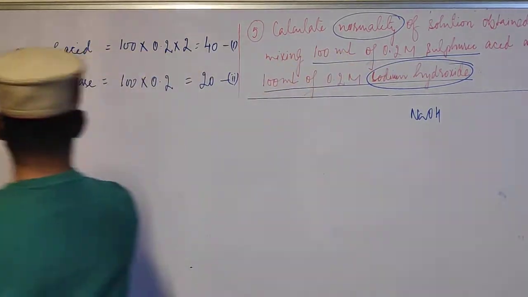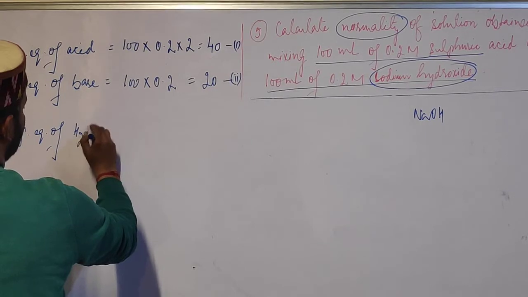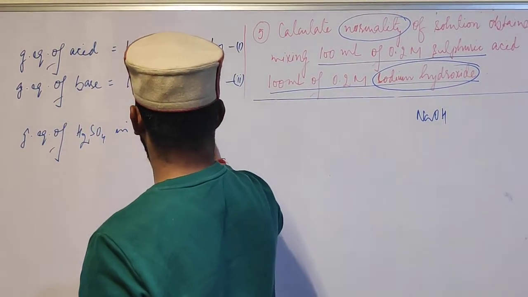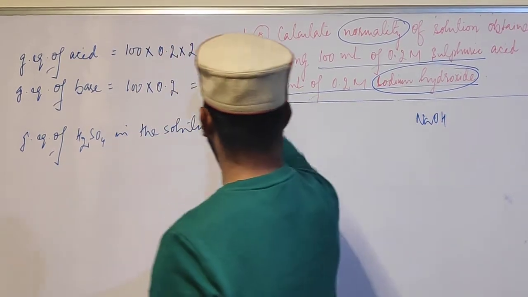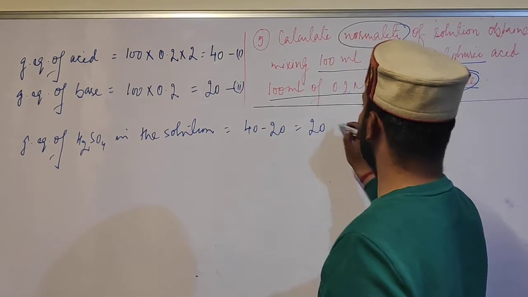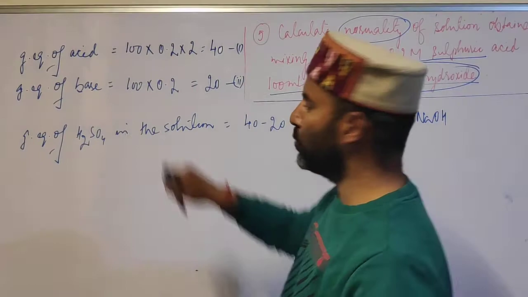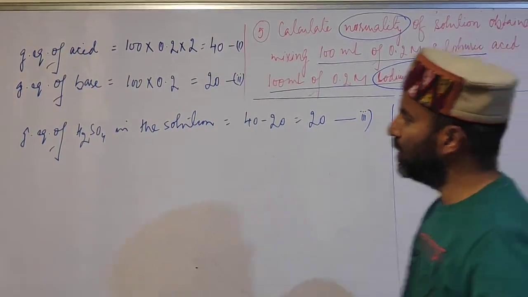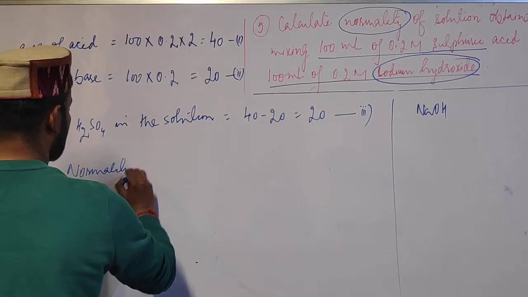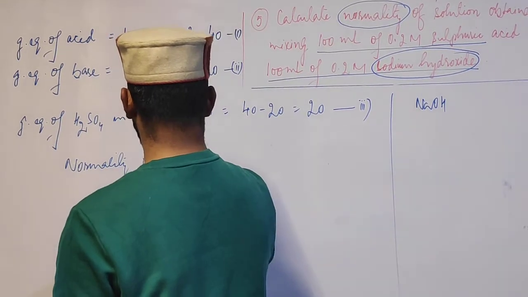So gram equivalents of sulfuric acid, that is H2SO4, in the solution after mixing will be 40 minus 20, so it is 20. So these are gram equivalents of the unneutralized acid. Now what will be the normality of the final H2SO4 solution?